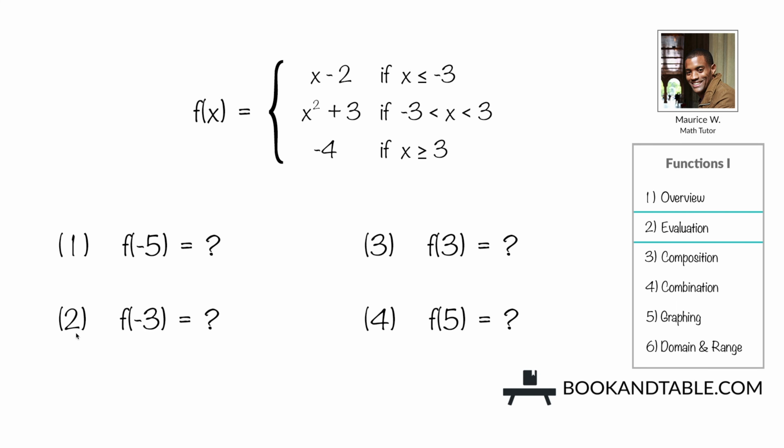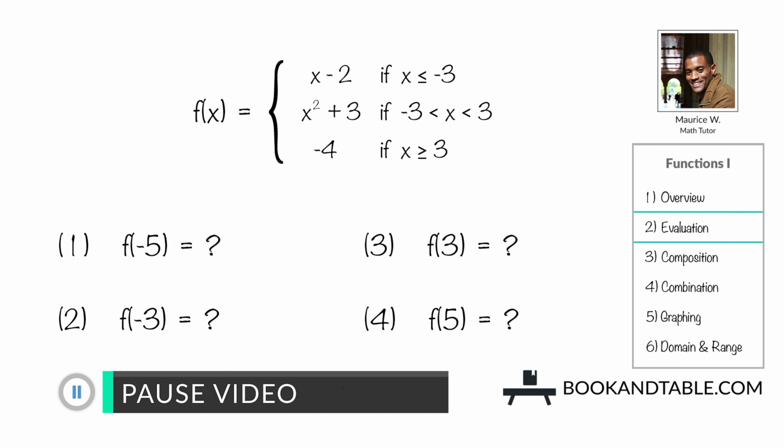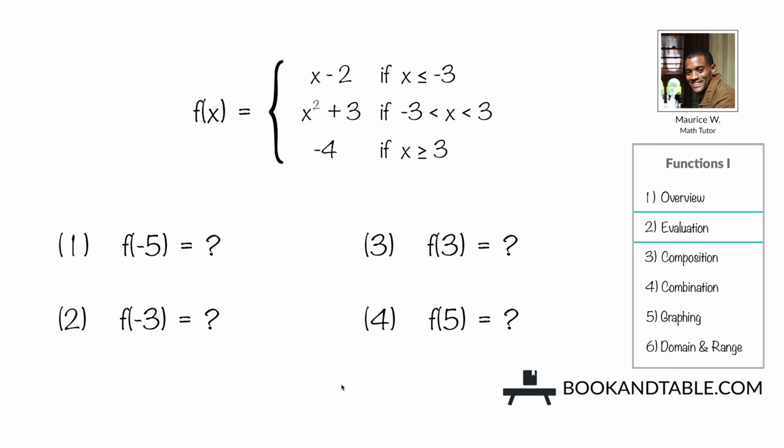Question number 2, what is f of -3 equal to? Question number 3, what is f of 3 equal to? And question number 4, what is f of 5 equal to? Pause the video, answer these questions, and then press play when you are ready to begin.